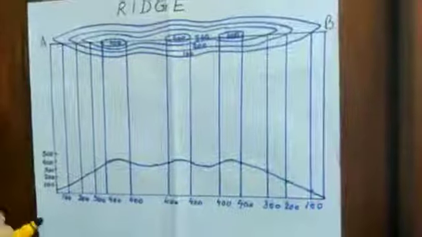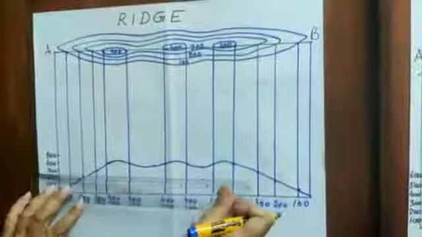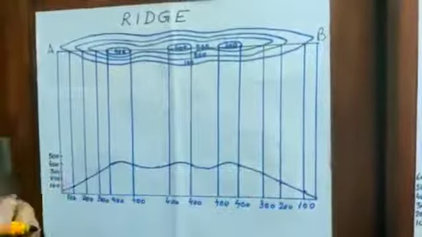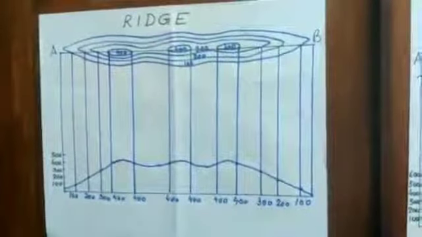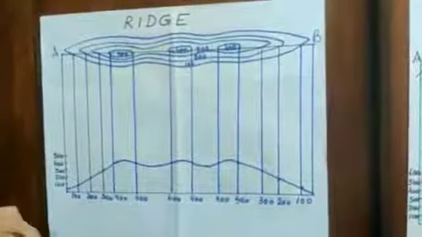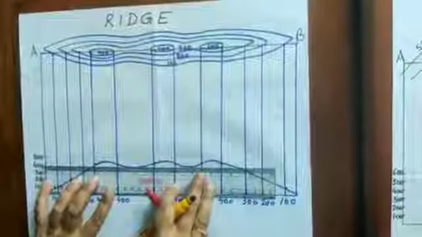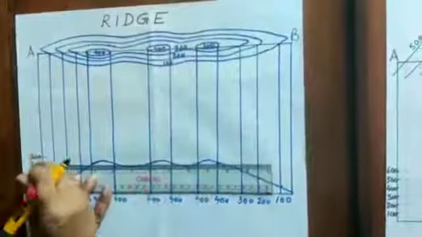Now, for you to understand clearly, I'll draw this line for you, the 400 line, so you can understand.